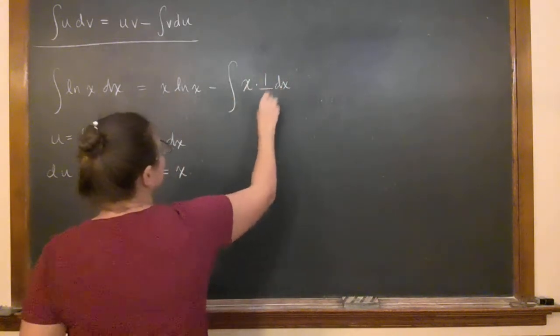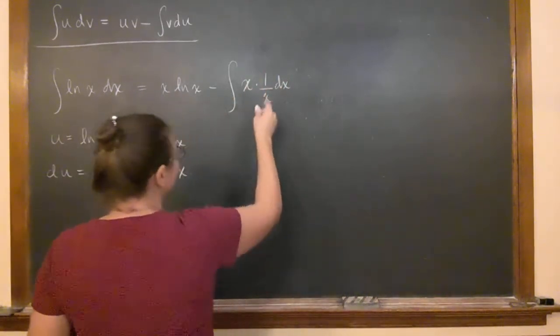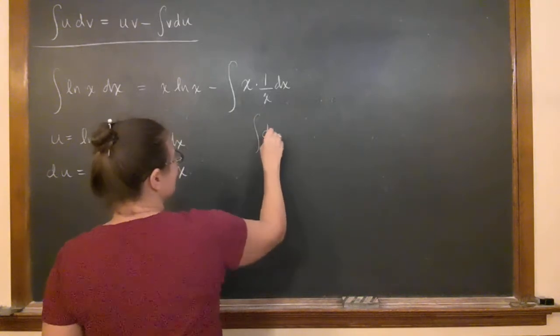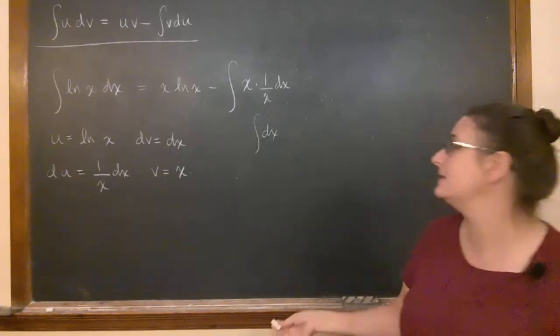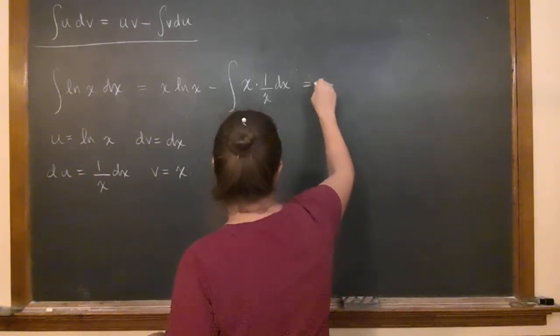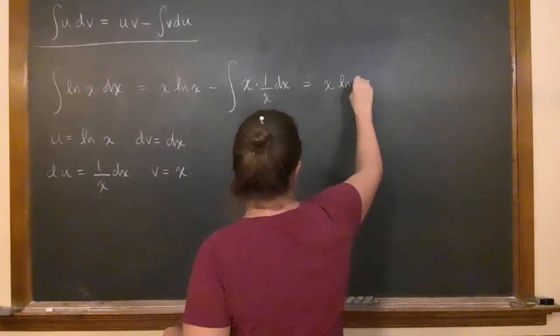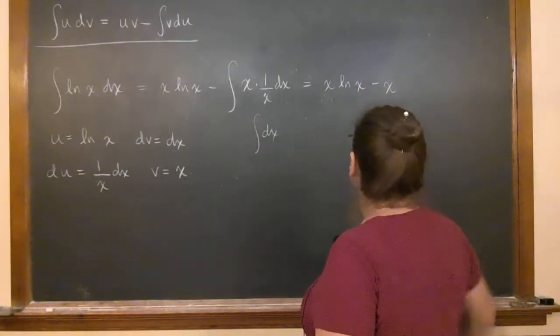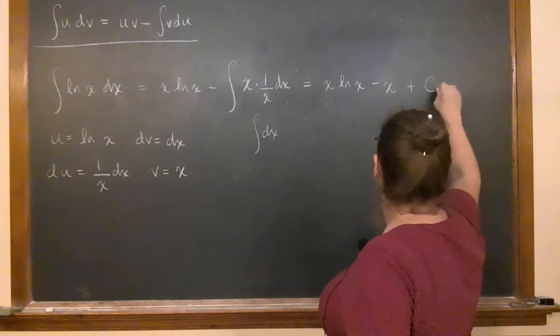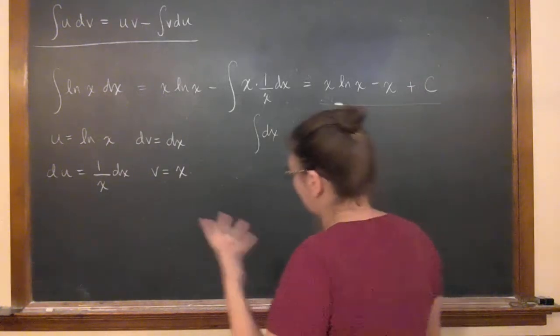Well, those just cancel out, right? And so then if I've got those canceling out, I just have the integral of dx. Often we don't write 1 dx, right? We just write dx. So if I'm integrating the integral of dx, it's just x. And it turns out that that is the answer.